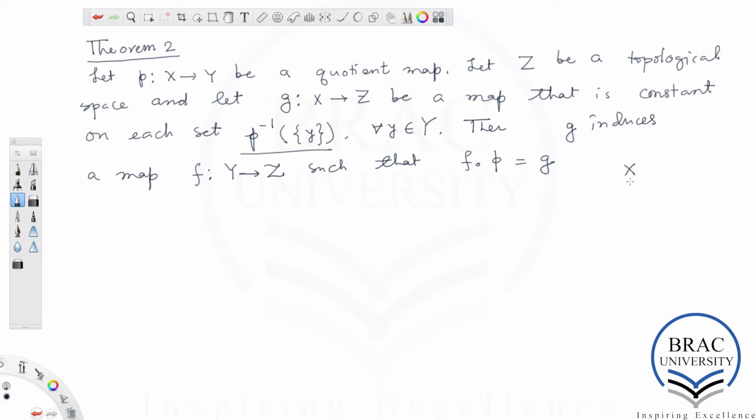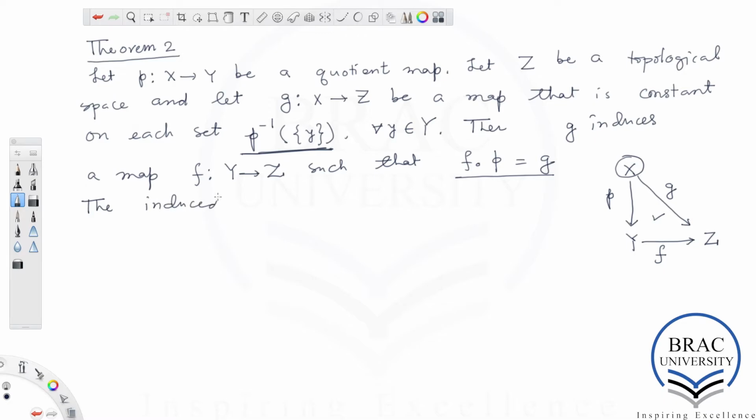We were given a quotient map from X to Y, which we denote by P. And then there is a topological space Z, and we have a map G from X to Z that is constant on each such set. If this is the case, then G induces a map F from the topological space Y to the topological space Z such that this diagram commutes, meaning that this holds. So this is the first thing. Then this is the second thing.